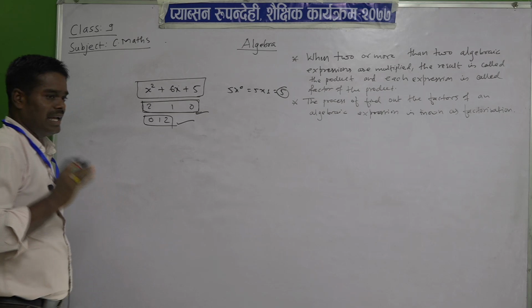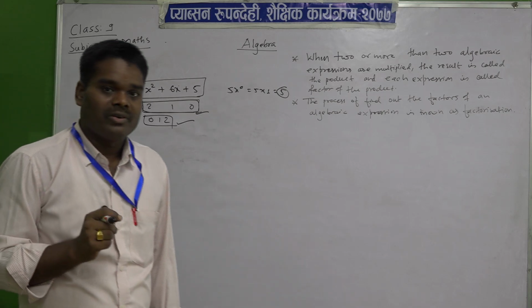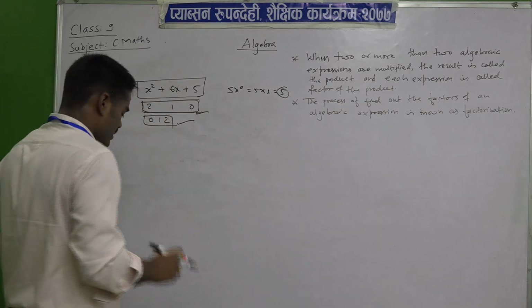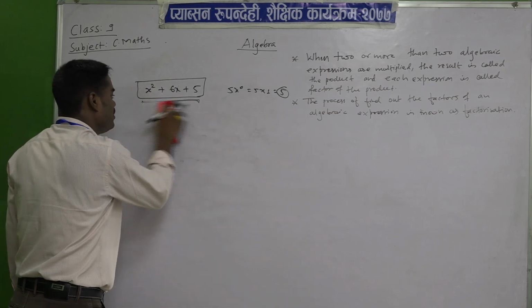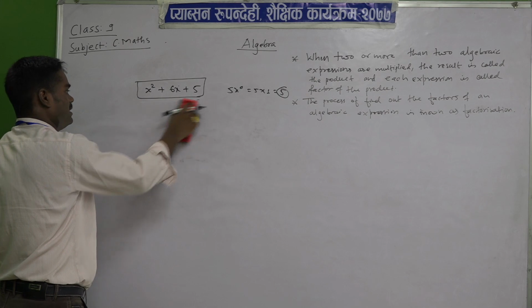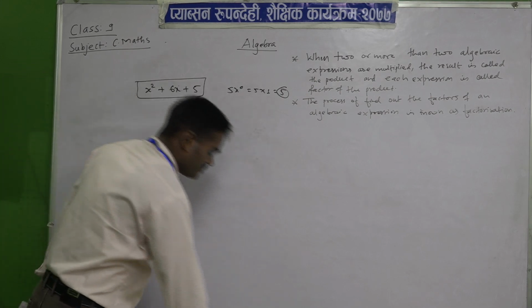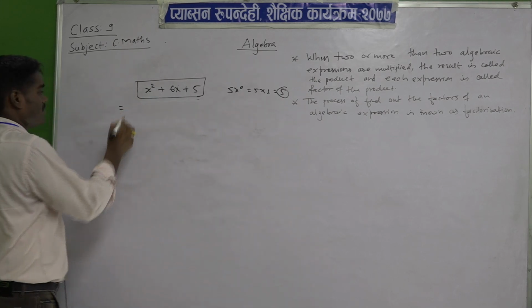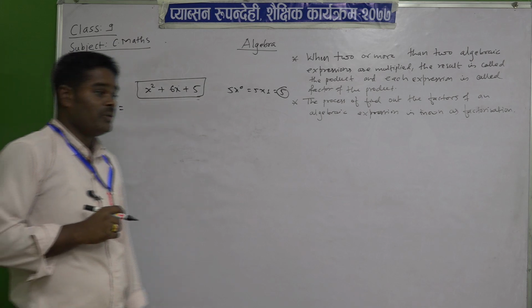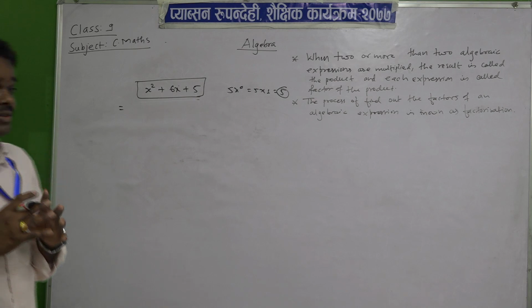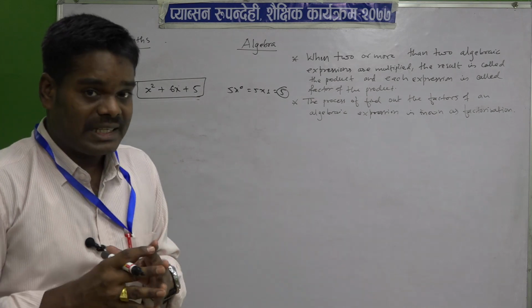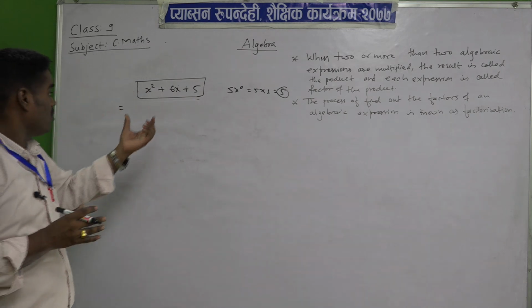You have to arrange the expression before factorizing. If they are in order, then the second step is what? Then after you have to see whether anything is common or not.